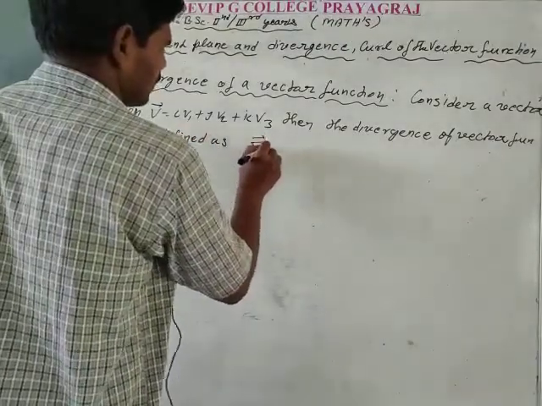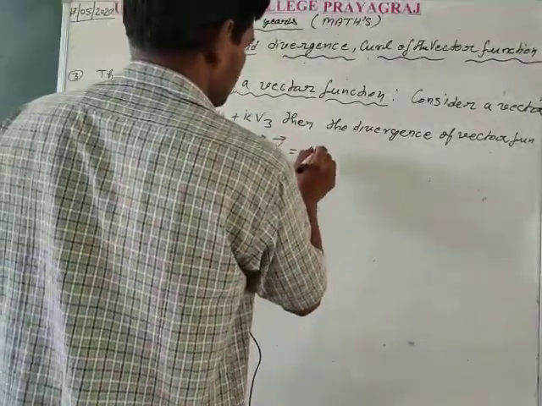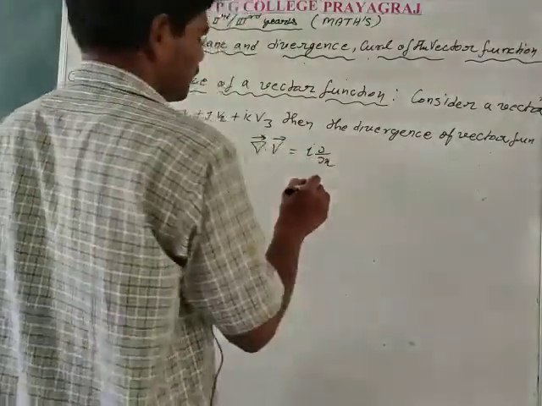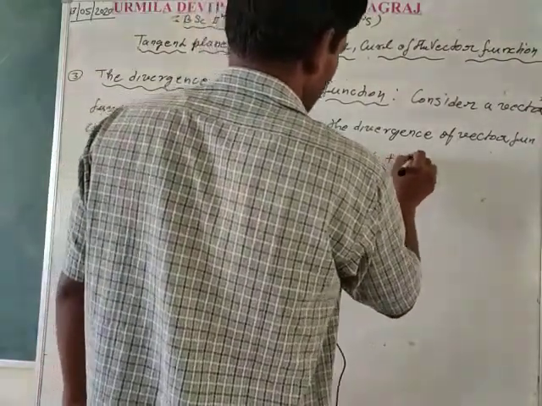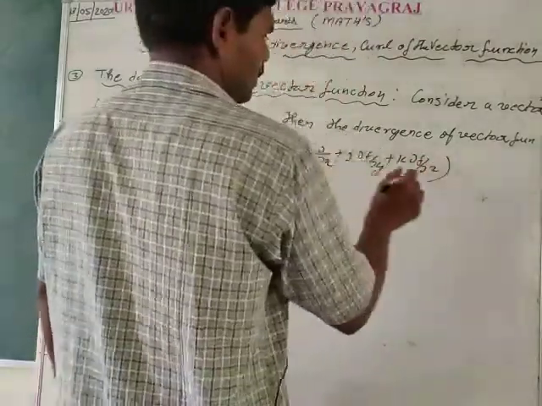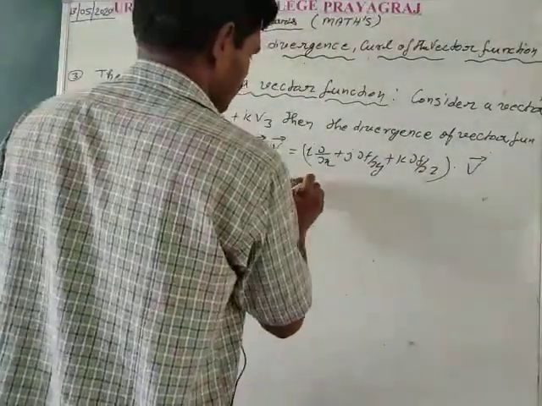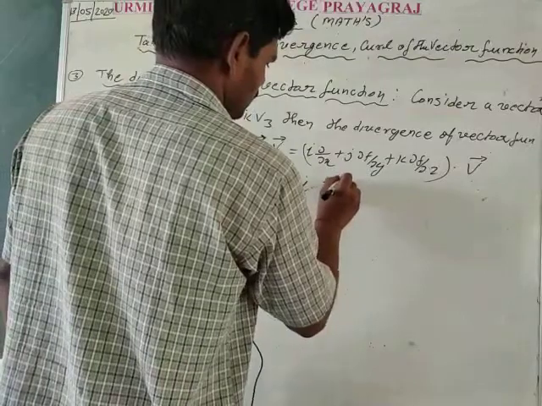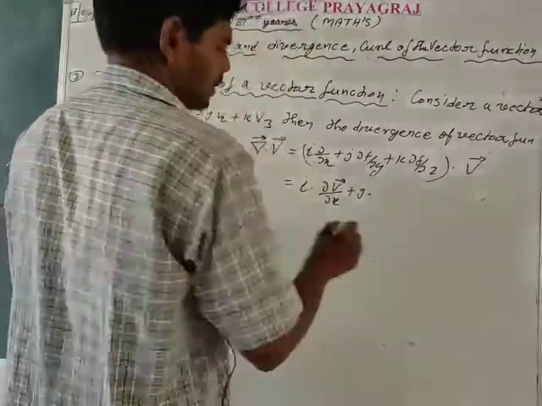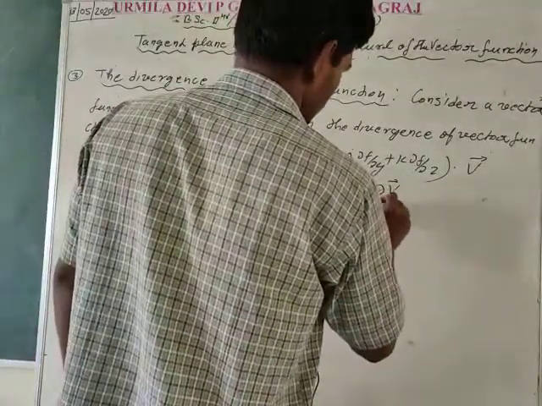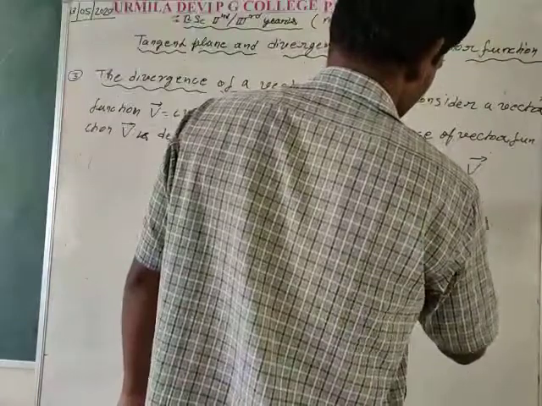del dot vector V, which is equal to i times del by del x plus j times del by del y plus k times del by del z, dot product with vector V. So it can also be written in the form i dot del vector V by del x plus j dot del vector V by del y plus k dot del vector V by del z.